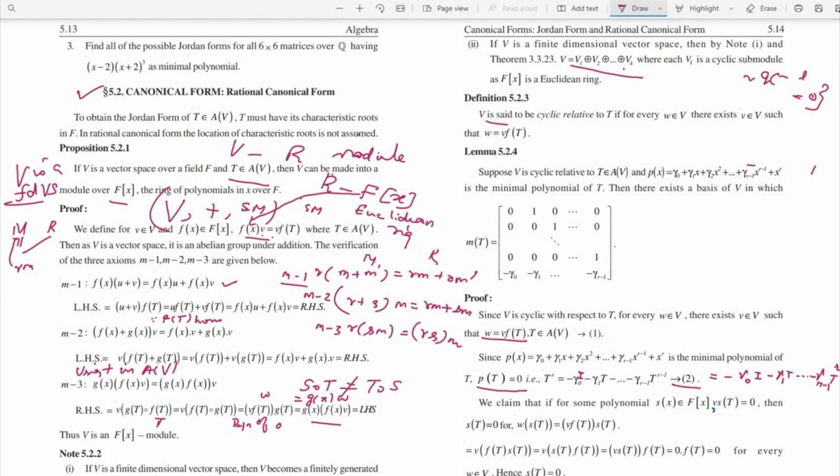Now we claim that if for some polynomial S of x in F[x], the image of V under S of t is 0, then S of t itself should be the 0 transformation. That is, S of t should be identically 0. For this reason, consider the image of W under S of t, but W stands for V f of t, the image of V under f of t.